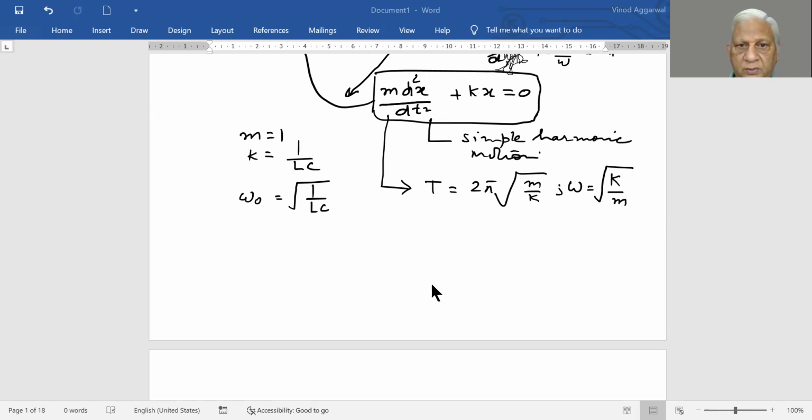This is so because we know T is equal to 2 pi by omega. So this gives us omega is equal to so much value.